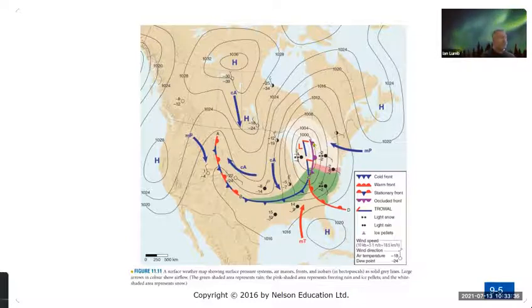So where the two fronts first meet, we produce what is called an occluded front here. It's shown here in purple, and as you can see, it's got a combination of semicircles and the triangles, but they're all pointing in the same direction. So this is the place where the two fronts initially meet. This topic is considered in more detail in all those other resources that I keep referring to.